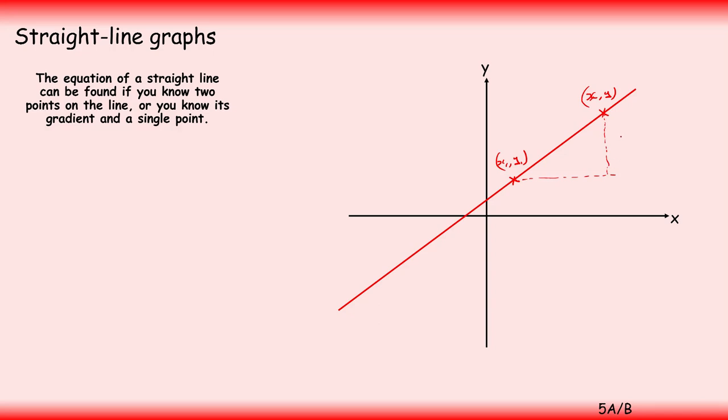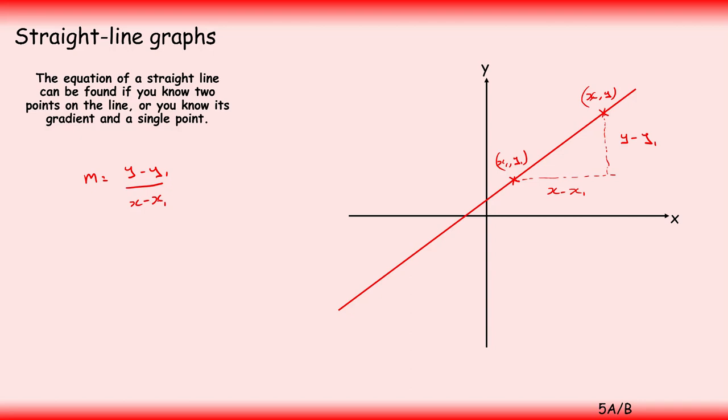So the change in y is going to be y minus y1, and the change in x is going to be x minus x1. So our gradient m is equal to y minus y1 divided by x minus x1.